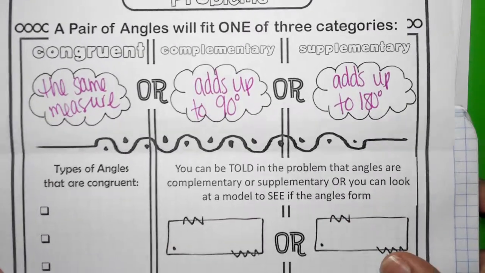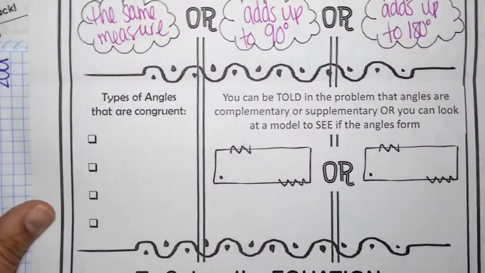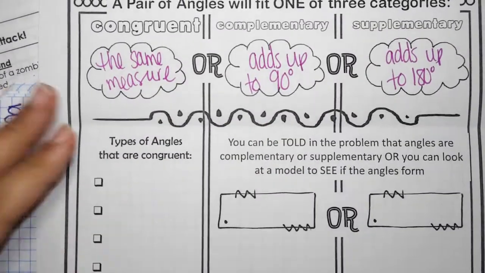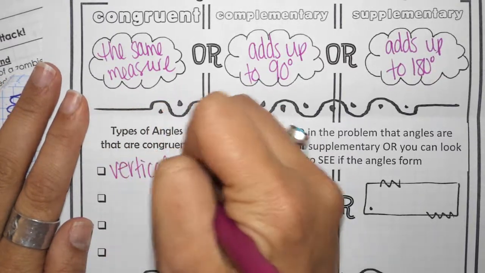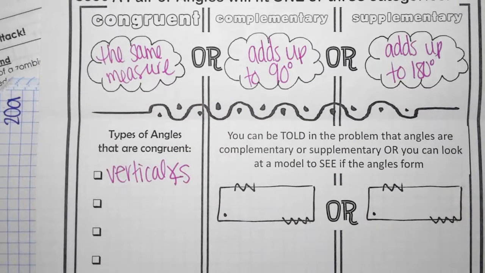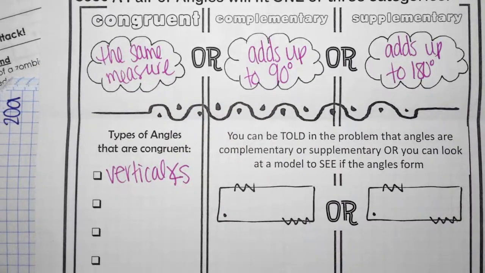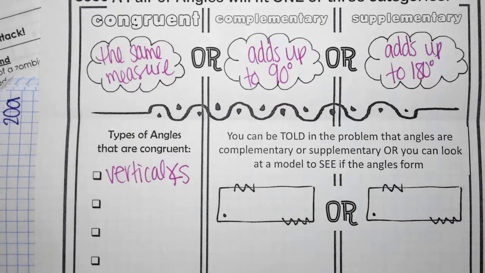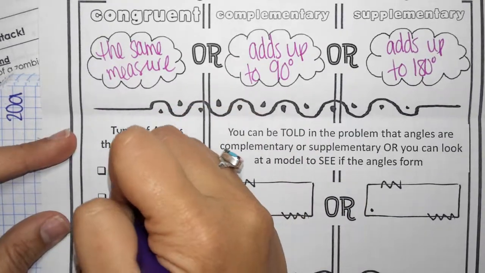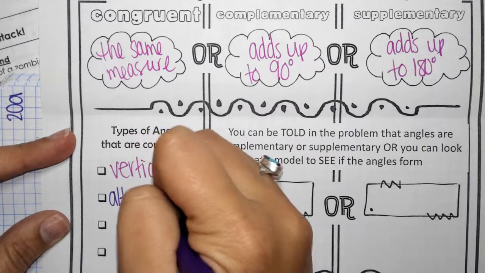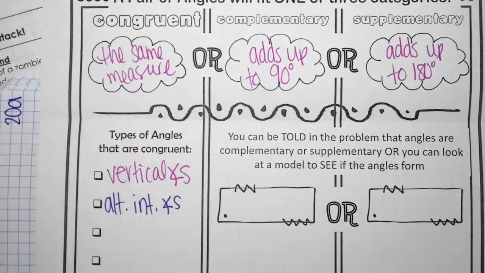All right, so who can tell me what types of angles that we've learned are congruent? Vertical angles are congruent. Take a point. No, those are not always congruent. Yes, but more specifically the ones we've been talking about yesterday and today. The alternate interior. Take a point. Y'all tell Coach Hamrick thank you.